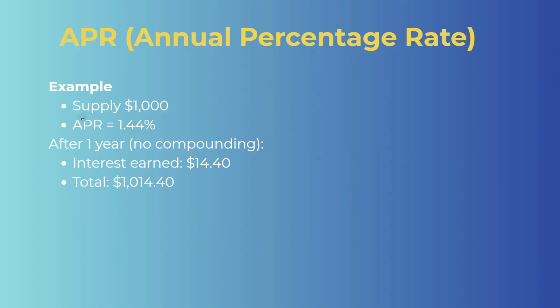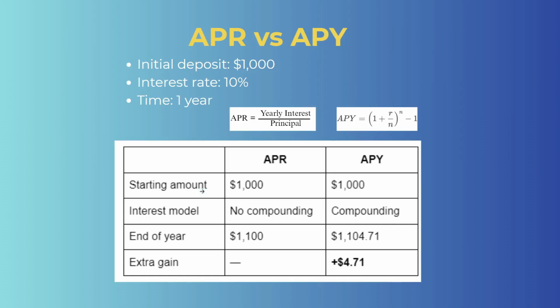If you supply $1,000 with an APR of 1.44%, after 1 year with no compounding, you earn $14.4. So the total money that you have is $1,014.4.